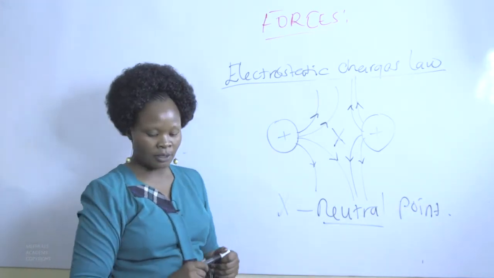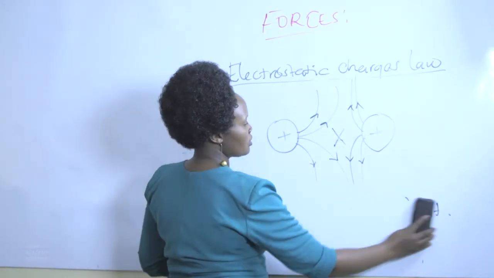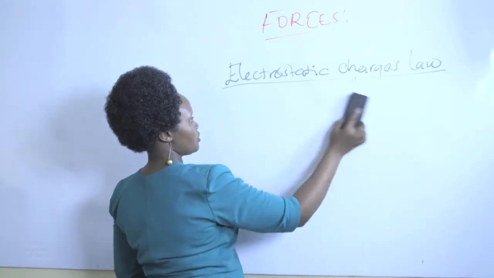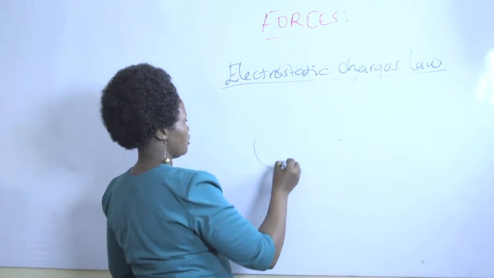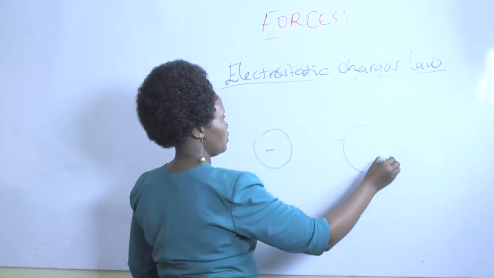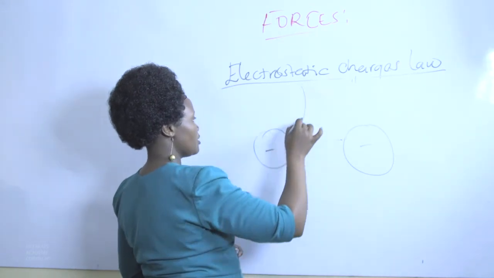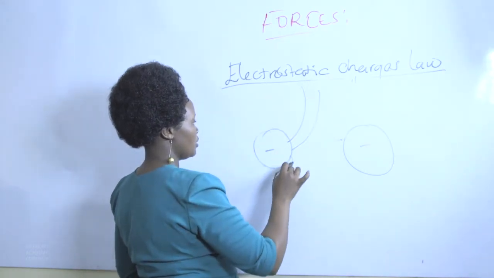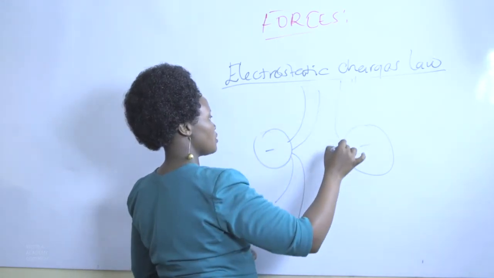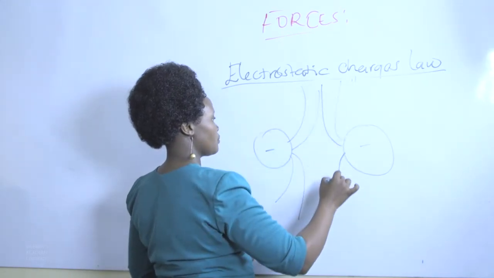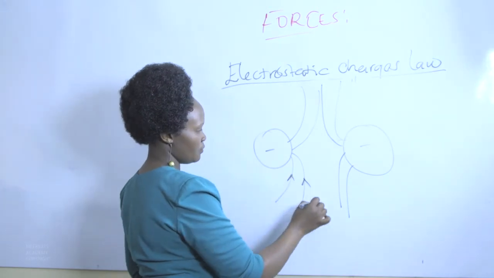Now, how about negative charges? If we bring negative charges close, again, there will be lines originating from some positive somewhere and going towards the negative.